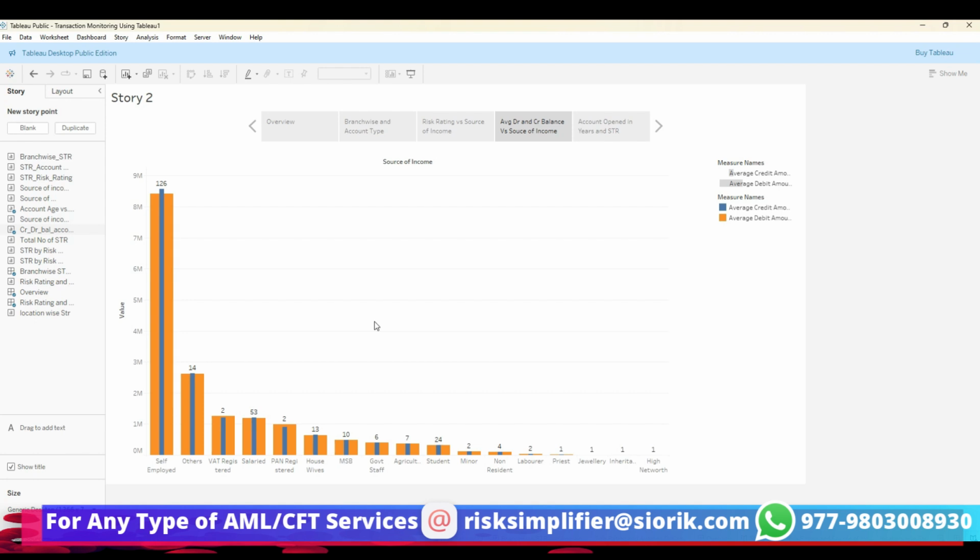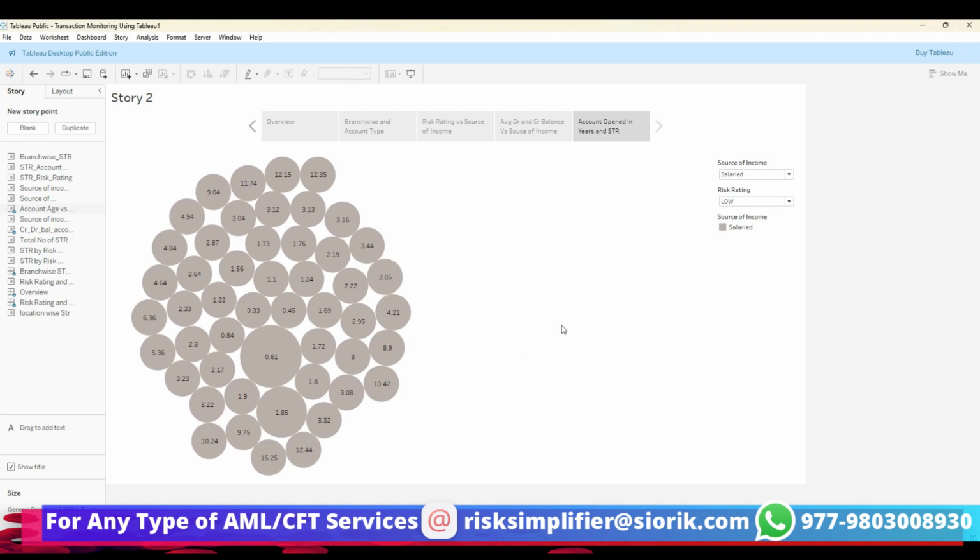So this is a risk based approach, right? By creating such kind of data visualization, we are able to identify those accounts which carry more money laundering and terrorism financing risk to our organization. So now what should be our control measures?